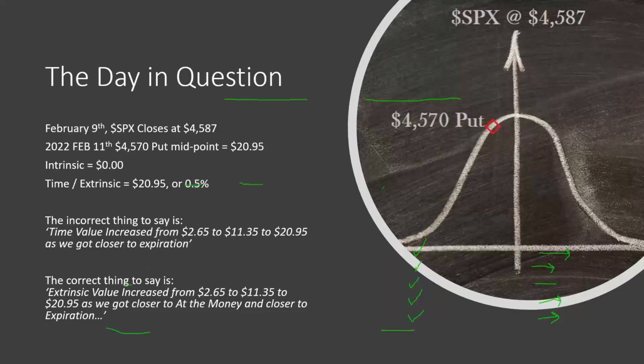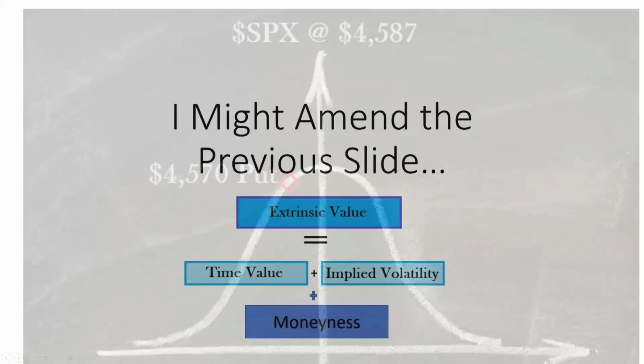But there's also the moneyness factor involved, where as you get closer to the money, even with 1 or 2 days left to expiration, we saw the extrinsic value increase from 265 to 1135 to 2095 as we got closer and closer to the at-the-money bell curve, even with only 3 days and 2 days left to expiration in that case. And that's sort of the effect there. Remember, time value is more of a component of extrinsic value, which also takes into account implied volatility and the moneyness that we just sort of showed a little bit.